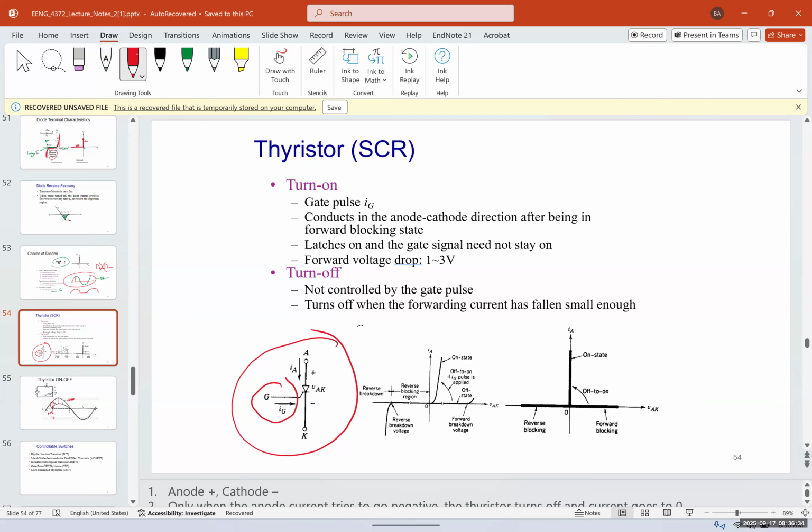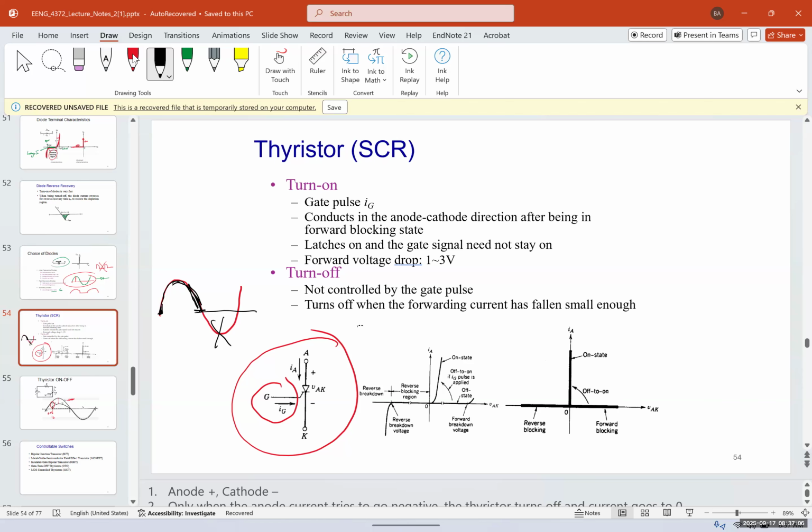It turns off when the forward current has fallen small enough. Imagine you have a signal like this, and when the voltage goes up 1 to 3 volts and you have a current coming in, it turns on. Imagine we turn this on immediately, and the black one is turned on. As soon as it goes into reverse bias, it automatically turns off.